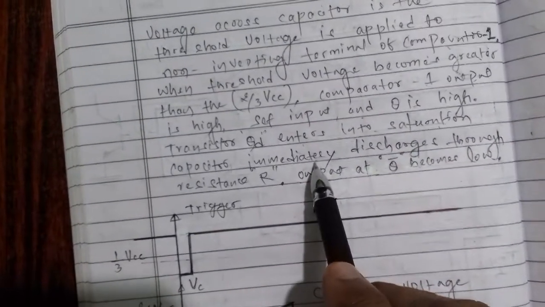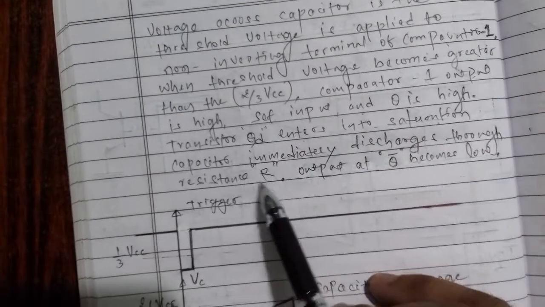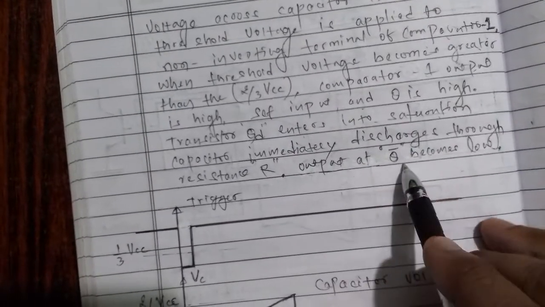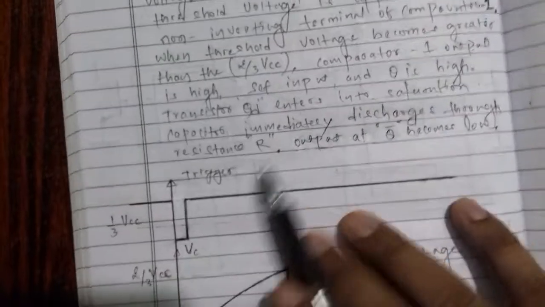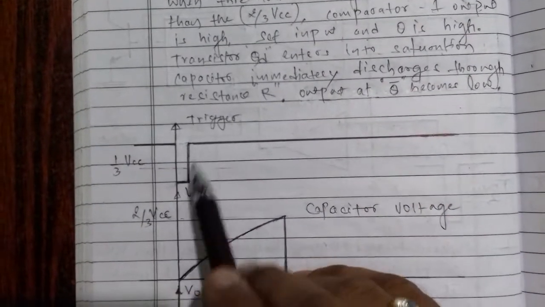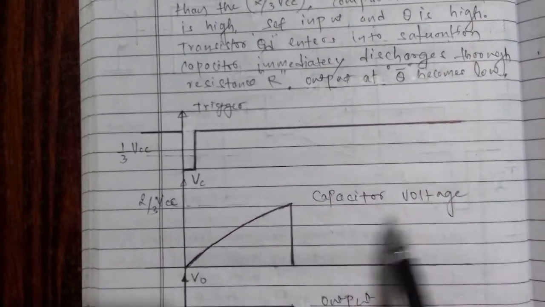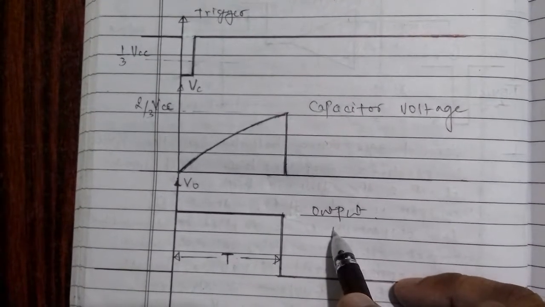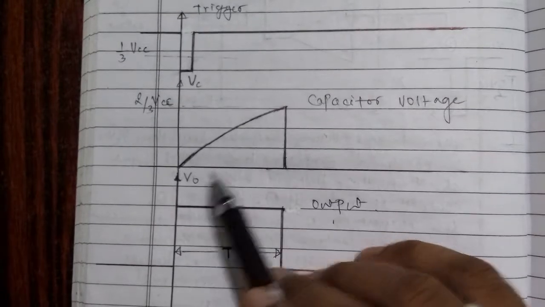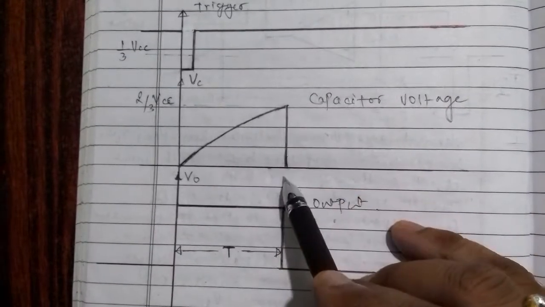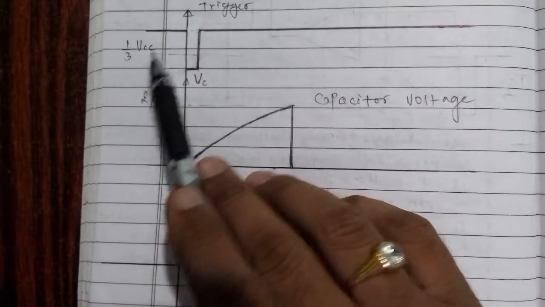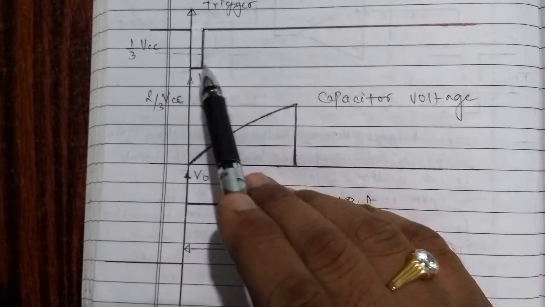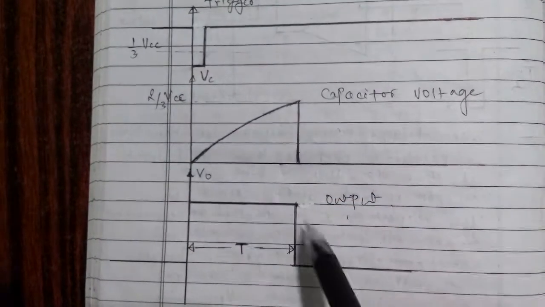Capacitor immediately discharges through resistance R. Output at Q bar becomes low. 1/3 VCC, 2/3 VCC.